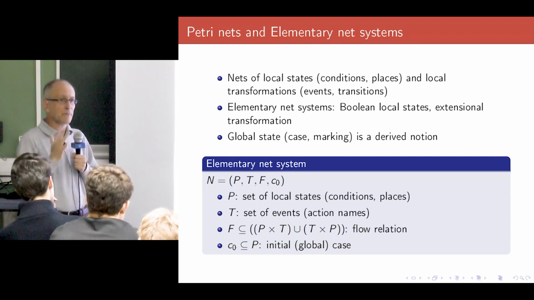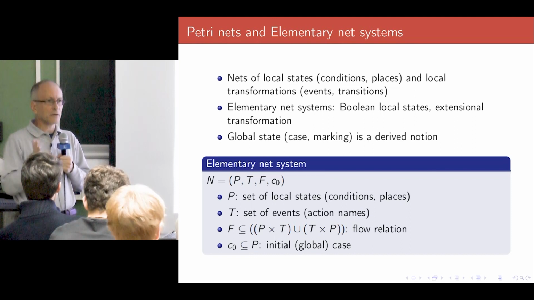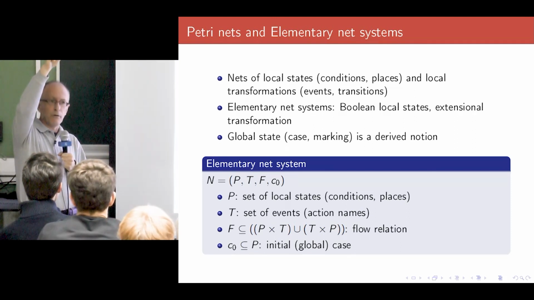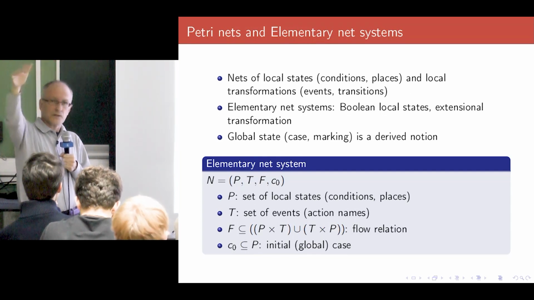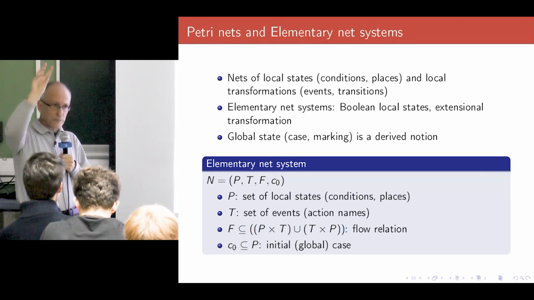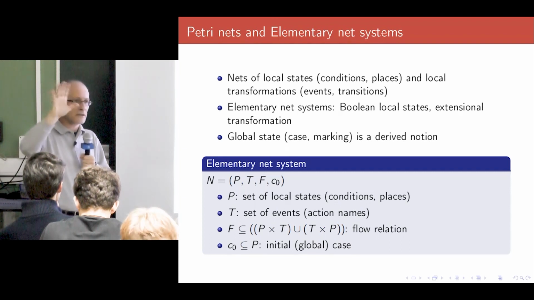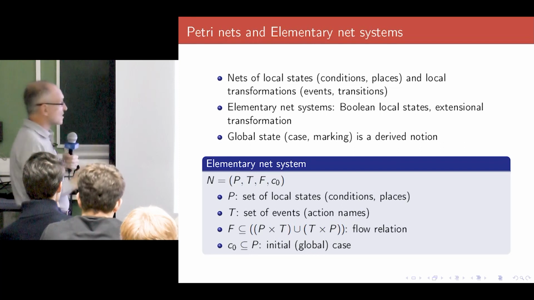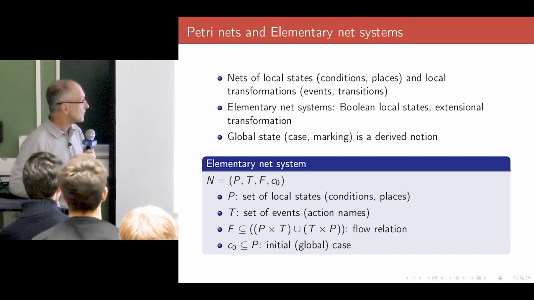For instance, I might describe this room, at least one part of this room, by specifying that this light is now off, that light is now on, and so on. So these are local states because I described just a small part of the system, and they are, at least in part, independent of one another. So we have such a set of local states, which is represented by set P.